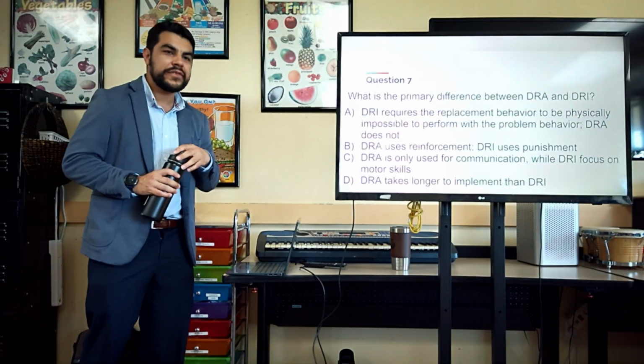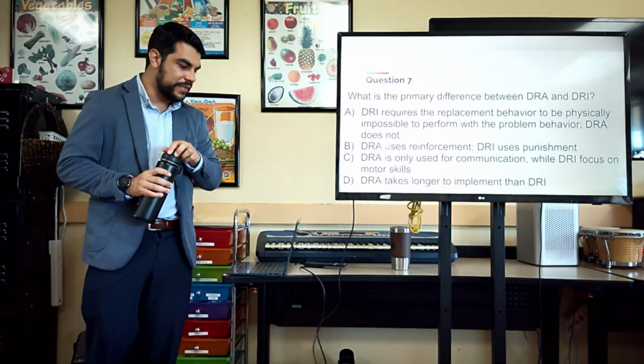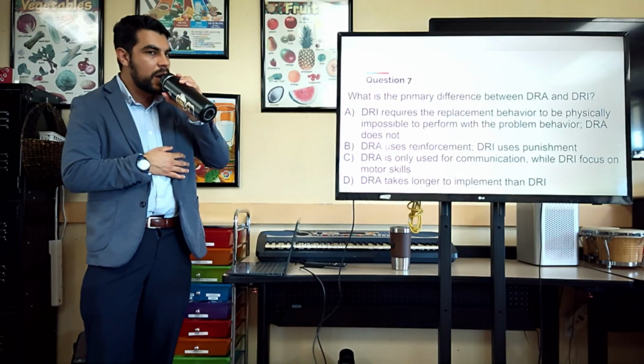Differential reinforcement of alternative behaviors and differential reinforcement of incompatible behaviors. That's what we're looking at. What would be the main difference between them?